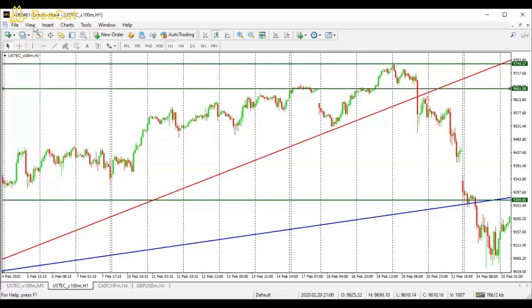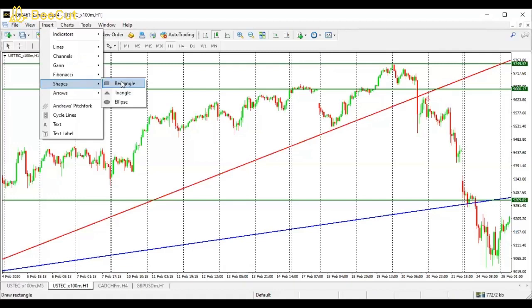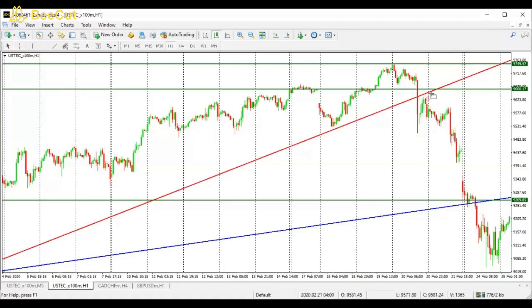If we want to see what we call the risk to reward ratio, we will insert these rectangle shapes, so that you can see how you're supposed to risk when it comes to Nasdaq. We have seen many people complaining about Nasdaq, running away from it, saying it's dangerous and all that. Nasdaq is very simple to trade, ladies and gentlemen.